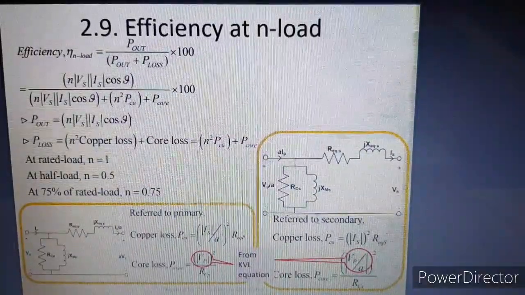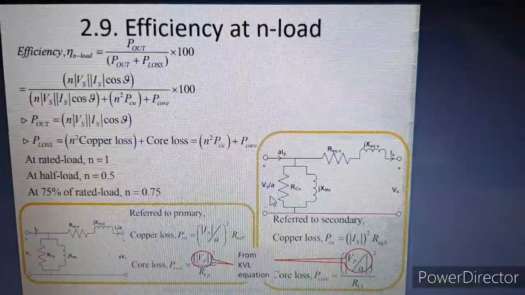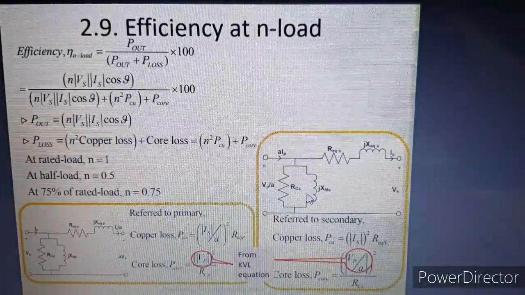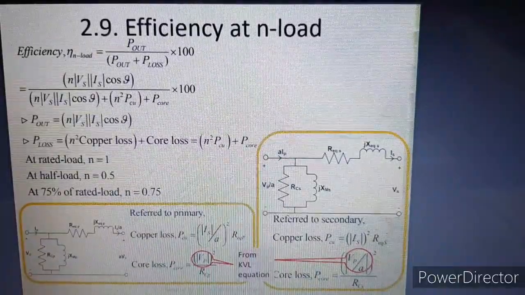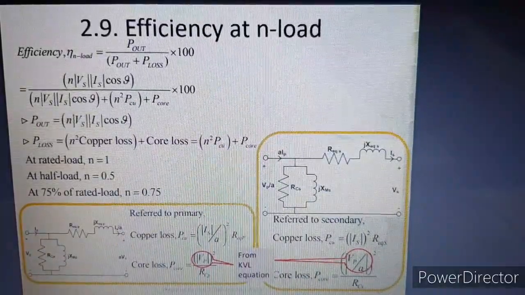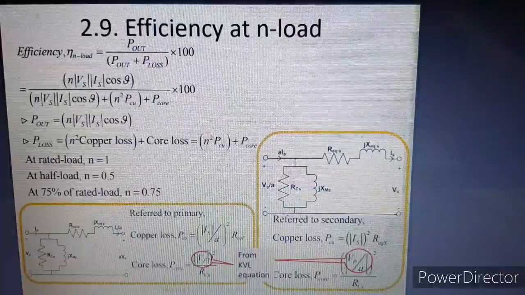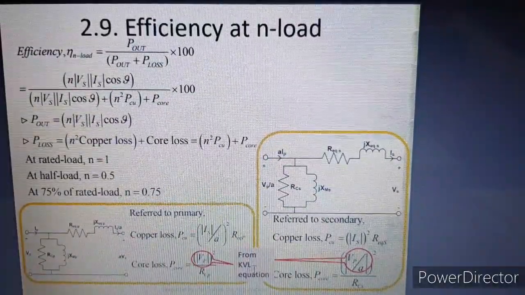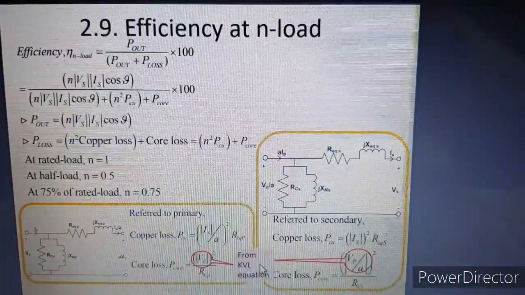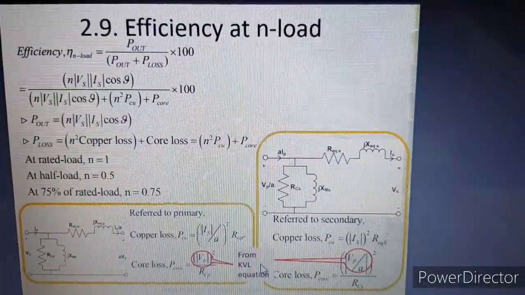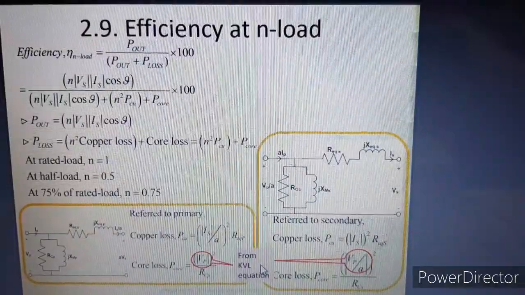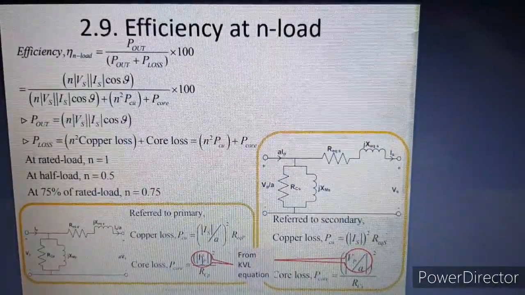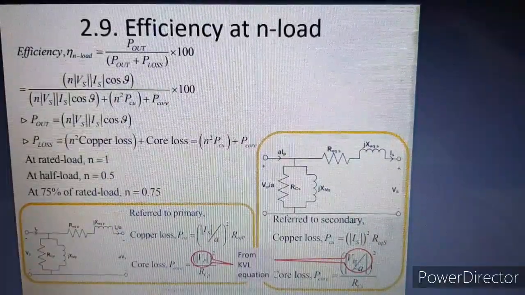While for reflector secondary, the core loss becomes VP over A squared over RCS. And again, this VP over A comes from the KVL equation that you have calculated earlier, not the rated value from the question.